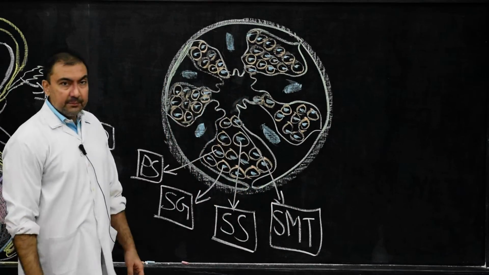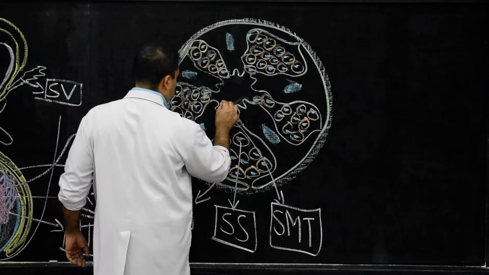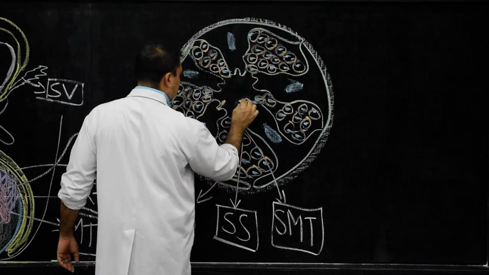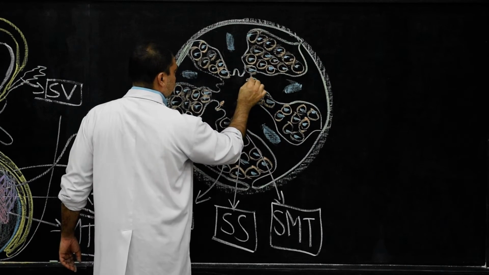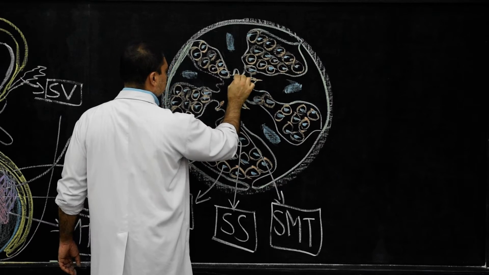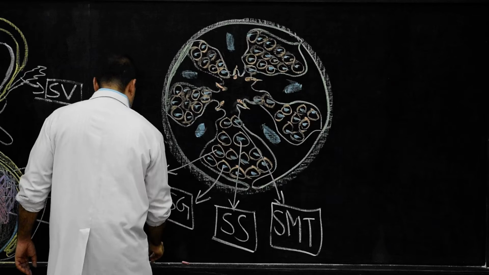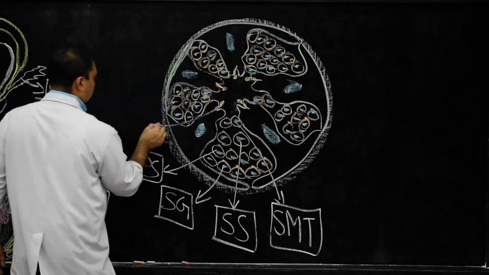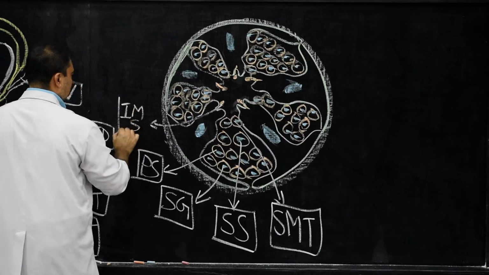And immature sperms are present here. Therefore, we show that there will be the presence of various immature sperms here. So here we will write down immature sperms.